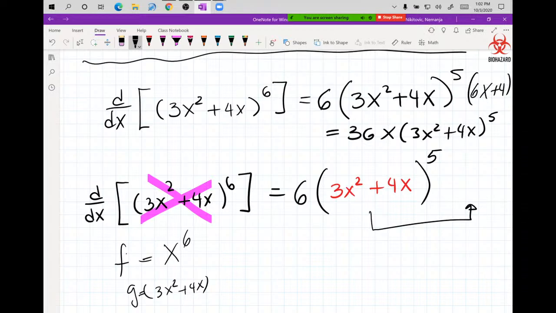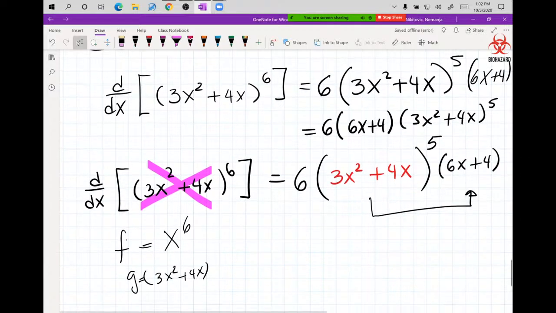It's 6x plus 4, because the derivative of 3x squared is 6x, and the derivative of 4x is plus 4. So it's actually 6x plus 4 in there. So this over here, we can leave it as 6 times 6x plus 4. Okay, it's fine. Fixed it. And we have it. It's done.